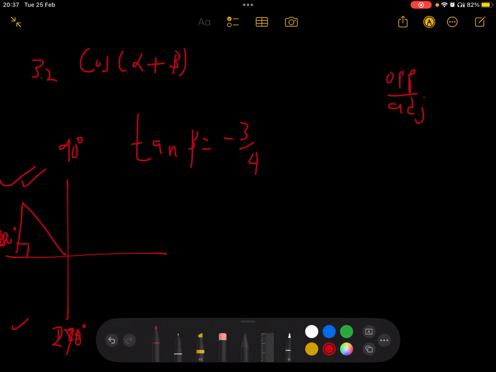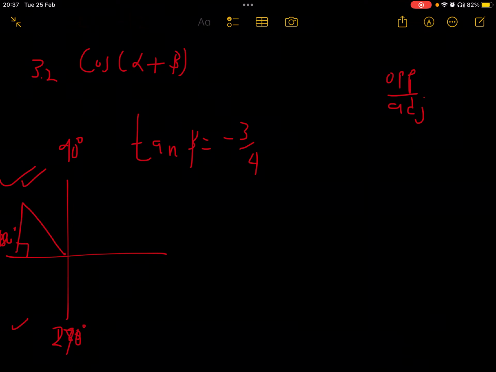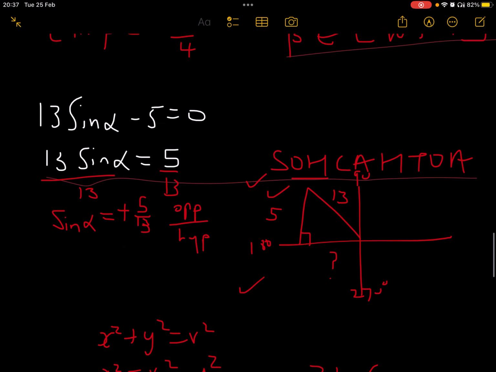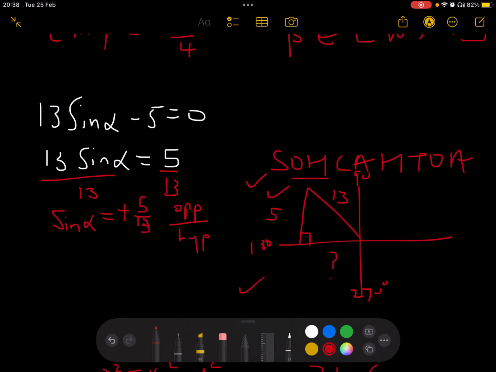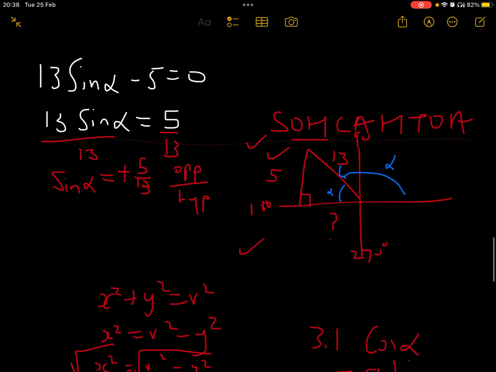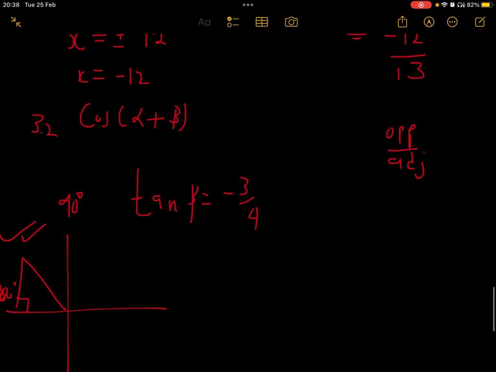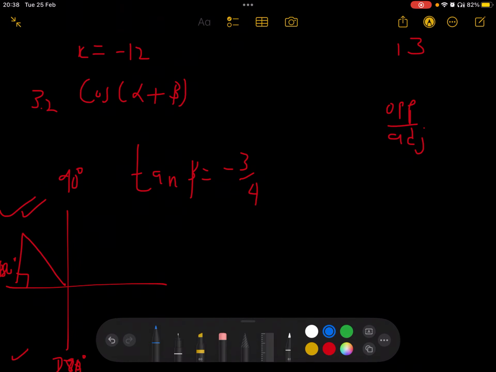I forgot to mention that the angle alpha is found from here to here, which then becomes acute inside here. That is alpha, and that is alpha. Same story here: the angle beta is found from here to there, which then becomes acute due to reduction.